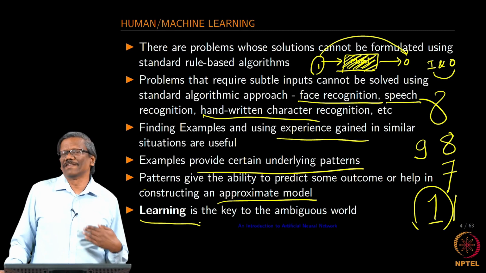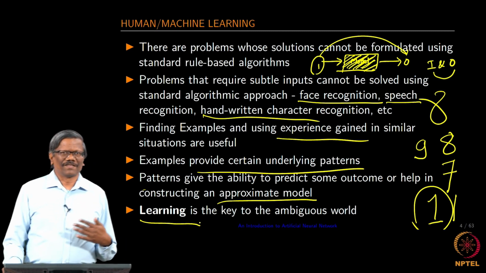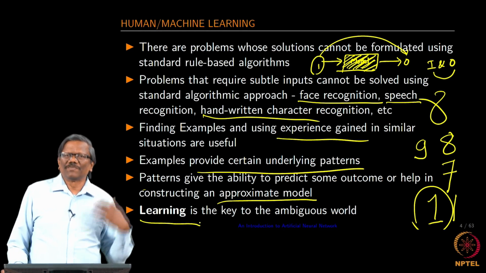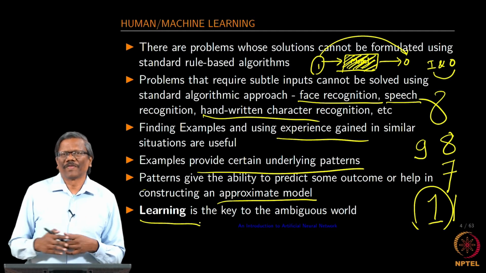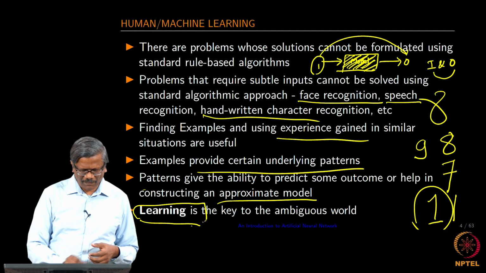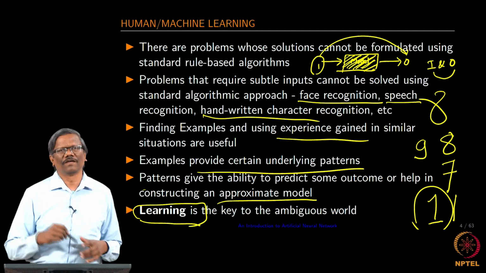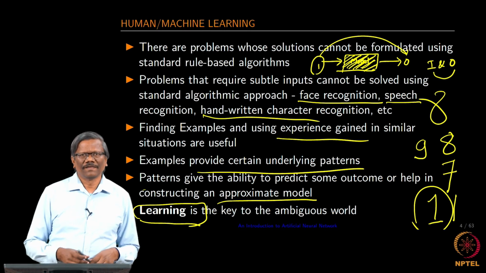But I think that scenario won't exist. There will always be something new and the model will be updated on a regular basis, and that is what we call as the learning. When you keep changing the model that we are building, we call that as the learning process.